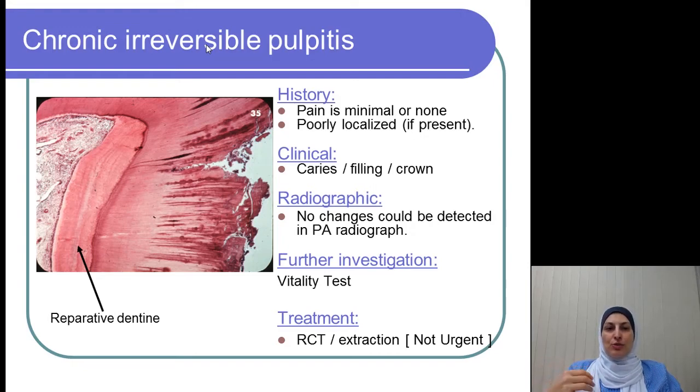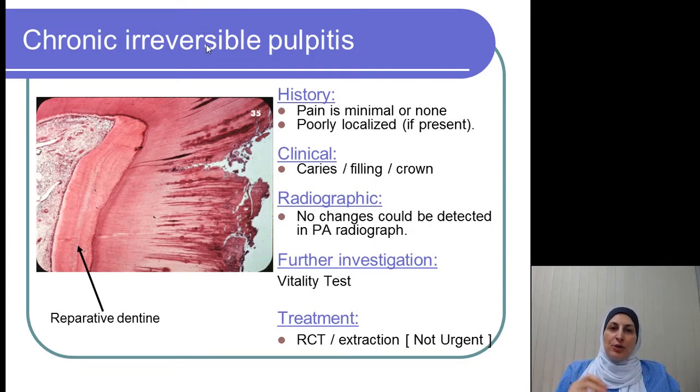Many patients go into chronic irreversible pulpitis, where the pulp inflammation progresses so slowly that it does not yield this massive amount of pain and this massive amount of inflammation. So still the pulp is irreversibly inflamed, which means that it is beyond repair. It will never go back to normal and it should be removed.